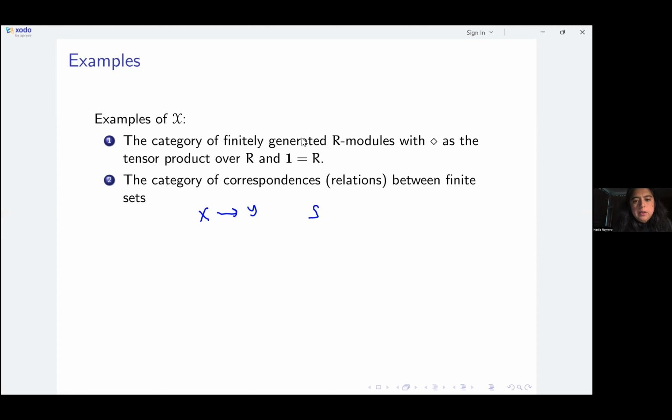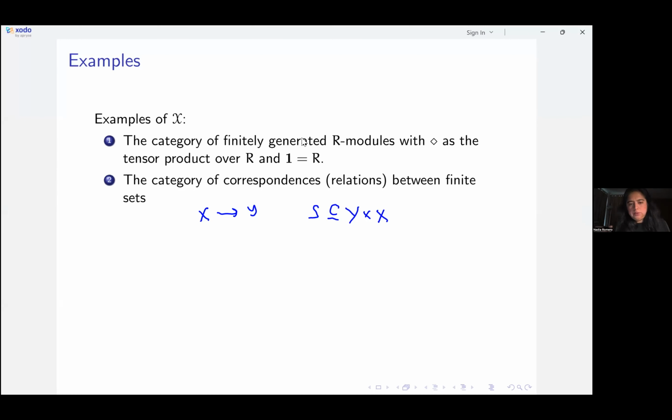An arrow can be a correspondence, which means only a subset of the Cartesian product of these two. So an arrow from a set to another one is just a subset of this Cartesian product, written the other way around, so everything works fine.